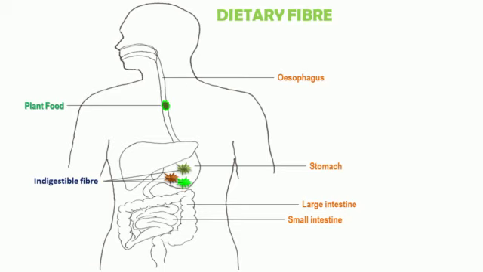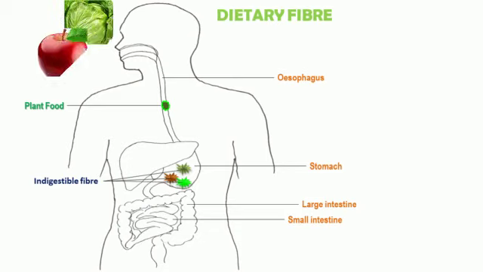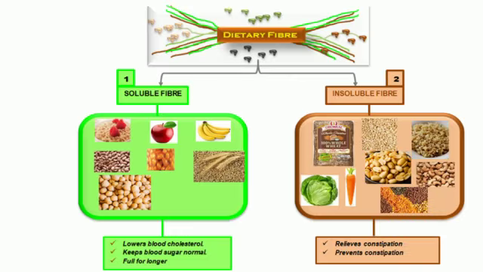Let us first start by defining what dietary fiber is. Dietary fiber is the portion of plants we eat that cannot be broken down or be digested by the human body. Dietary fiber passes through the gut and the digestive system. There are two types of fibers, and they are soluble and insoluble fiber.